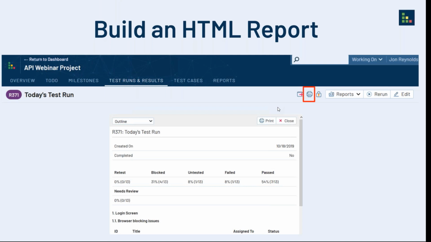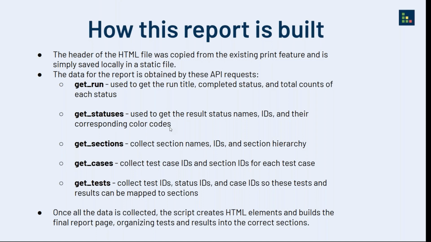I've recreated this functionality using TestRail's API. This is built using a series of requests to collect all the data. I take the header information from the HTML file of TestRail just to save the styling. I reuse TestRail CSS basically.